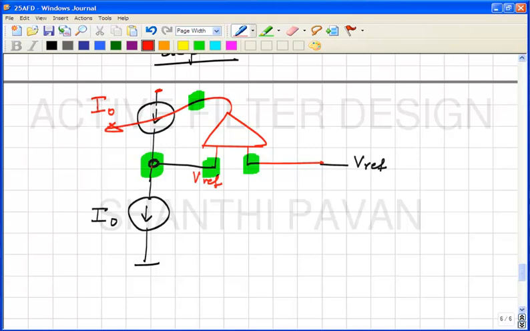Is this clear? So you can see that whatever happens to this current source, once everything is settled, the push-in current is exactly equal to the pull-down current.